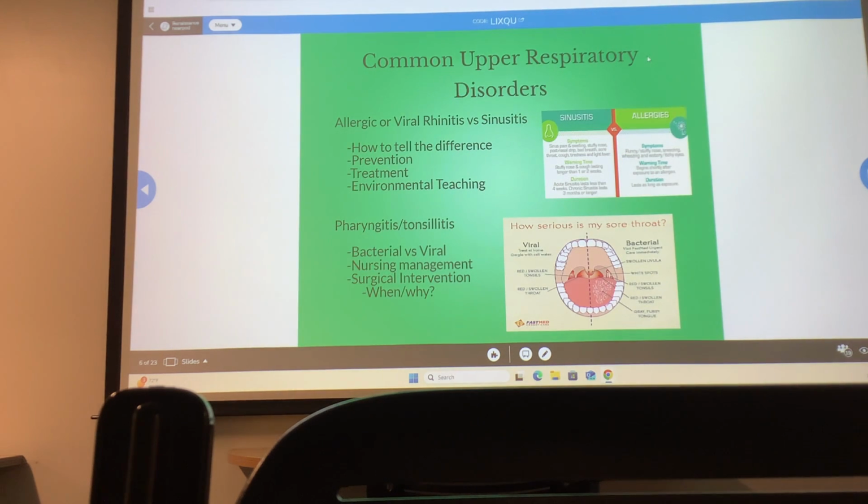Okay. All right, so we're going to break them into two different categories. We're going to look at upper respiratory issues versus lower respiratory issues. So we're going to start with upper respiratory. And where does our upper respiratory system start? Here, right, in our nose.